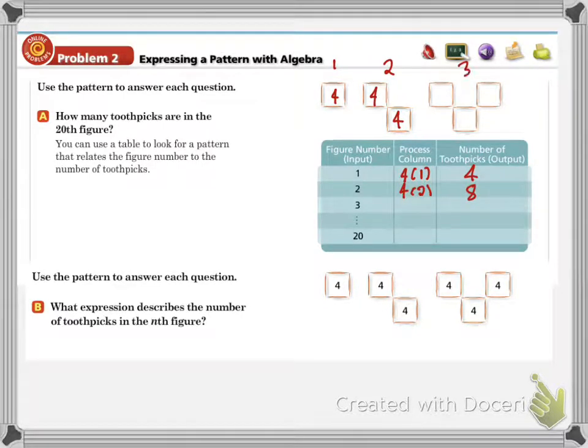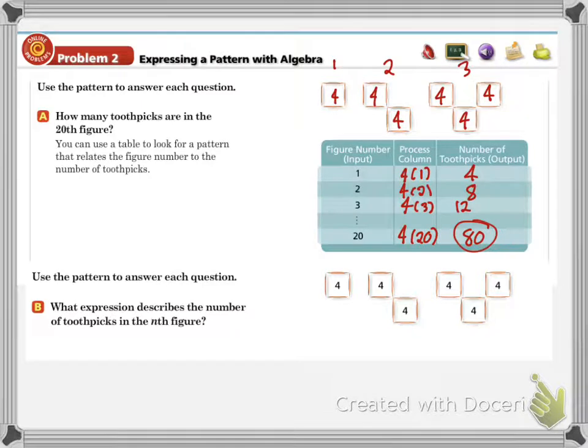My third figure has 4 times 3, or 12 toothpicks. So now, after only looking at 3 figures, I can determine that the pattern here is that I take the figure number and I multiply it by 4. So for the 20th figure, I'm going to do 4 times 20, and I'm going to be left with knowing that the 20th figure would have 80 toothpicks.